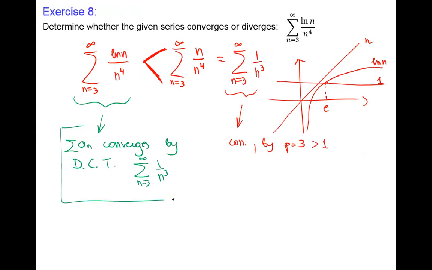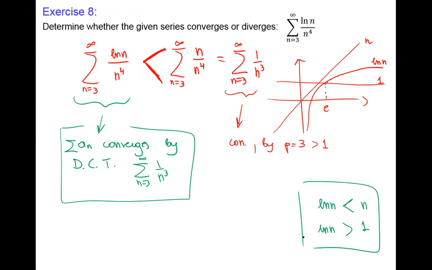We're comparing with 1 over n cubed, not n to the power of 4. We can see, because otherwise we have a different inequality. Right? That means one more time, ln of n, n and 1. That's bigger, that's bigger. You may try to use these comparisons. Okay, exercise number 9.